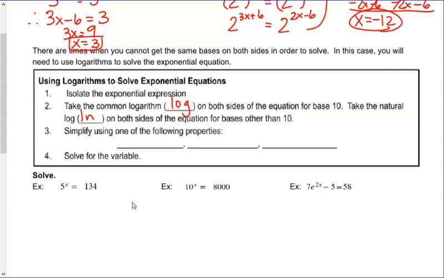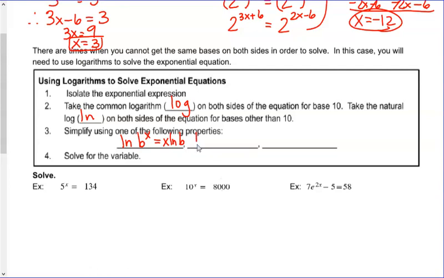So, when we simplify, after we take the log of both sides, we have to remember a couple properties. We have to remember that natural log of b to the x is going to equal, when I bring that x out front, x times the natural log of b, where I have a power, and do the product of that.